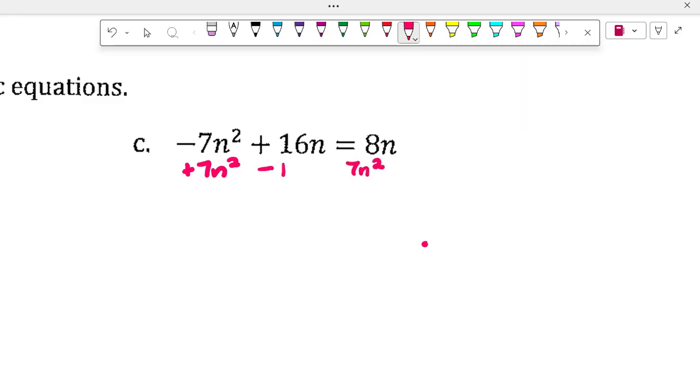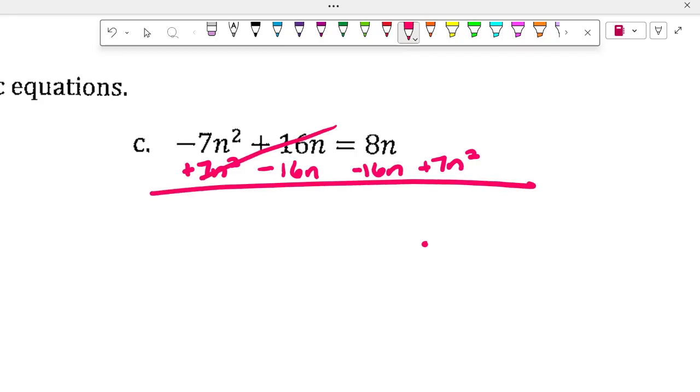I'm also going to subtract 16n from the 8n because they're like terms, and then add the 7n squared to the other side. So those go away. I get 0 is equal to, make sure you write it in standard form, 7n squared minus 8n.